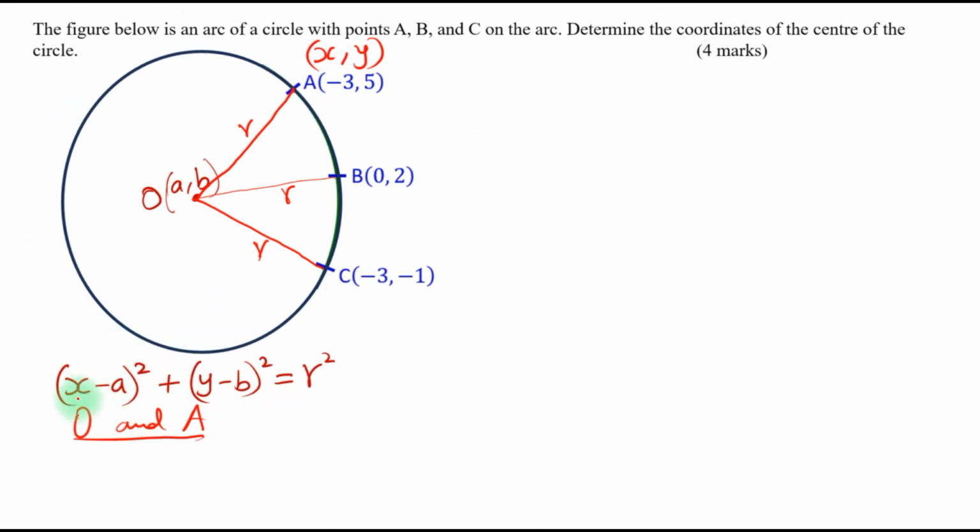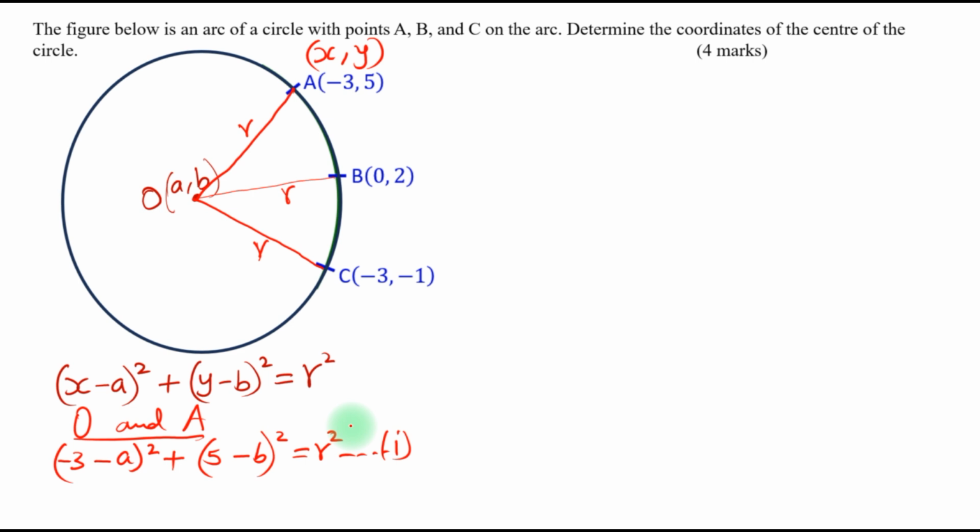So x is minus 3, and we have (minus 3 minus a) squared plus (5 minus b) squared equals r squared. We call this the first equation.